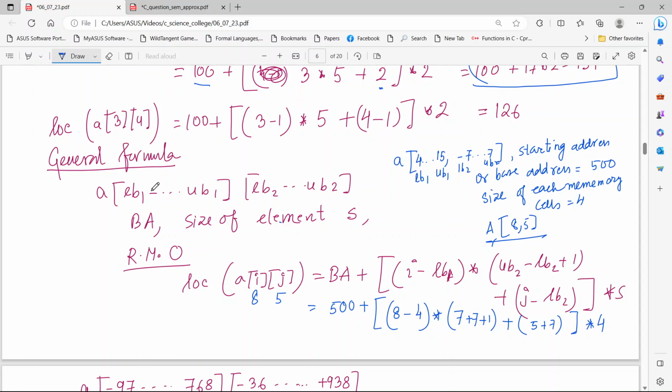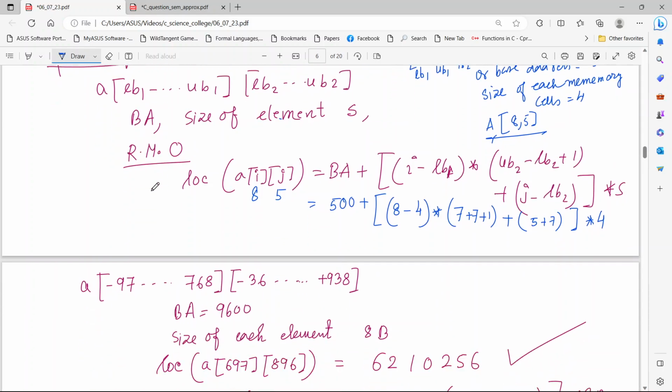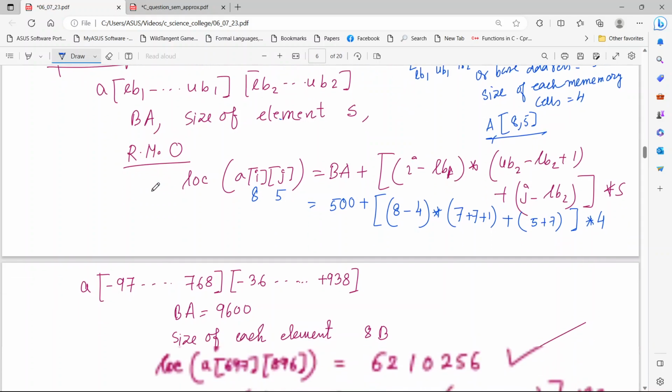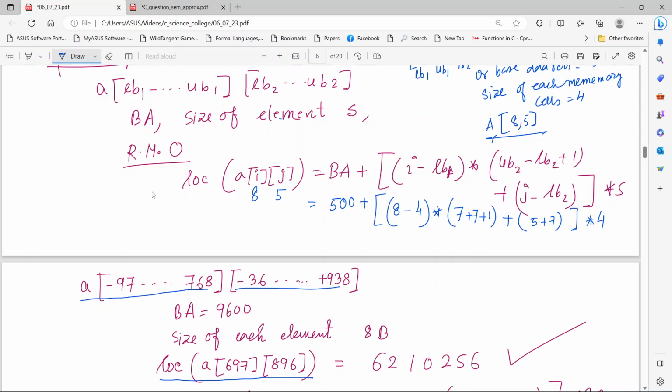So now tell me what should be the result. That means whether you can find it or not. That means you have to find the location of this. The array is given like that, a two dimensional array, base address is given like that, size of each element is given as 8 bytes.